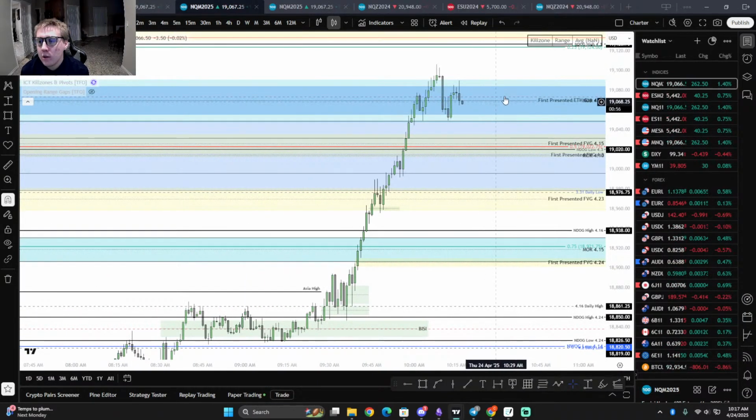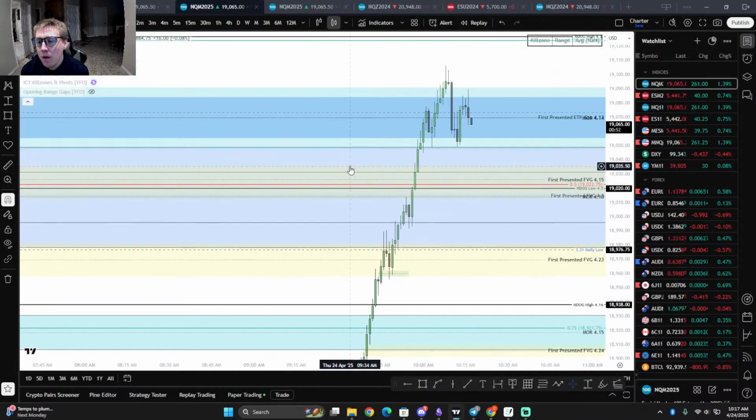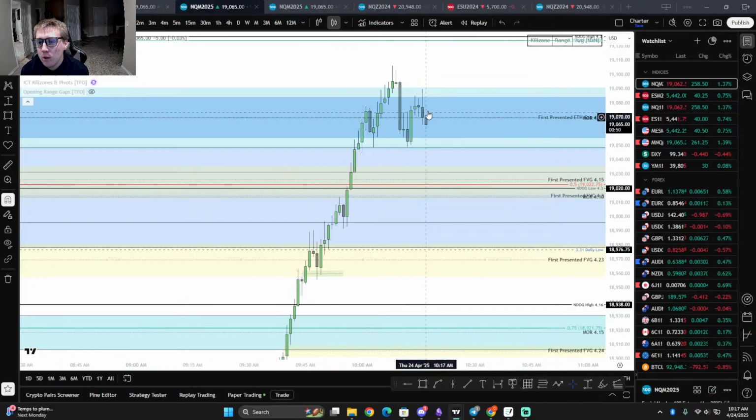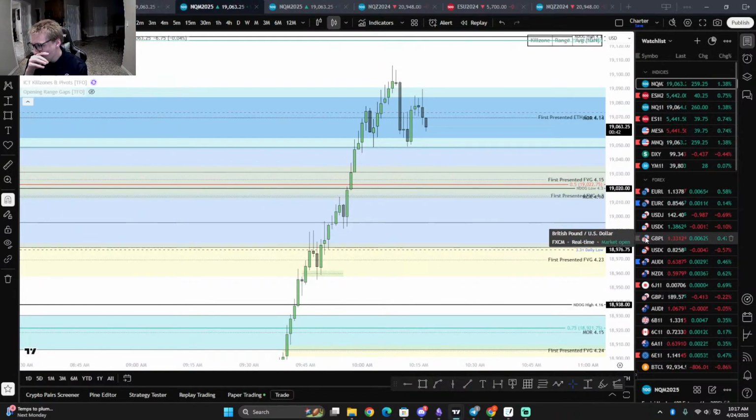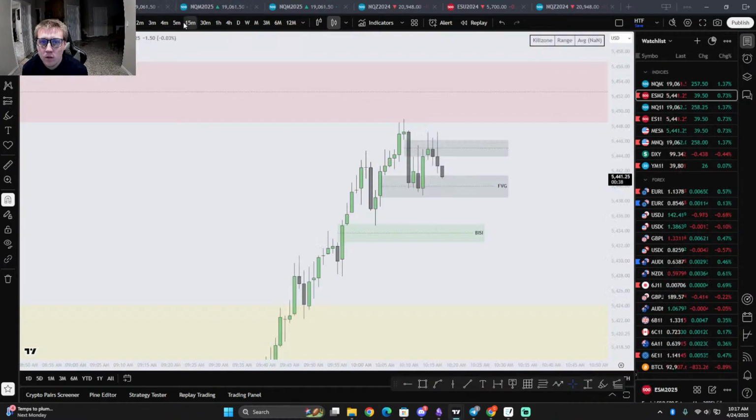Okay, we're at constant encroachment of this first presented electronic trading hours fair value gap. If we use this constant encroachment level, we could end up trading into this inefficiency, and then this first presented fair value gap, maybe this inefficiency here, and into that 15-minute fair value gap that we're talking about.